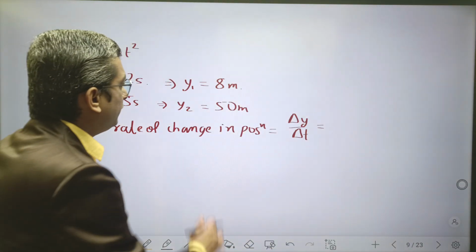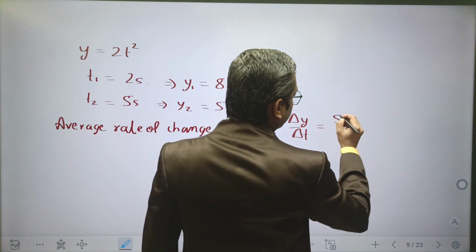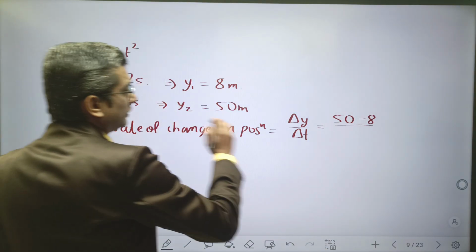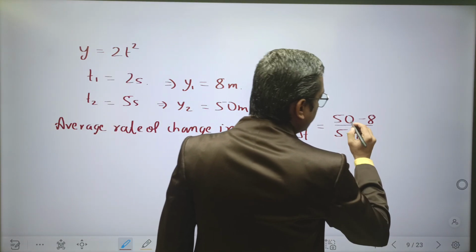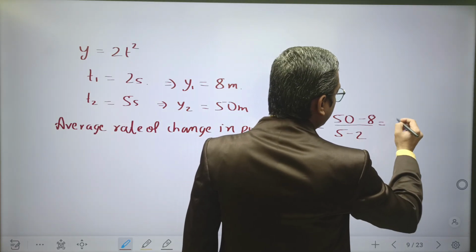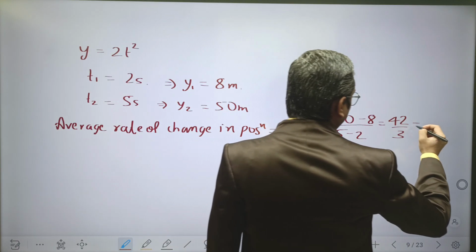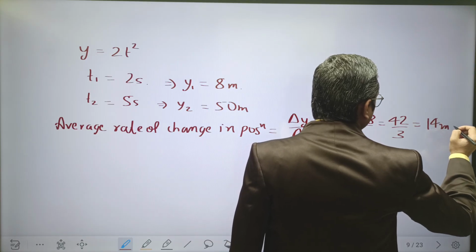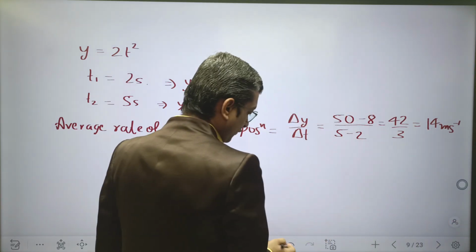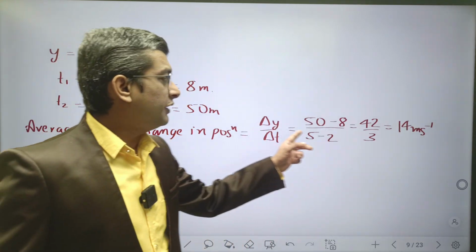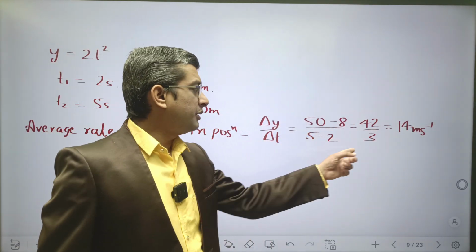So delta y is y2 minus y1, that is 50 minus 8, and delta t is given by t2 minus t1, that is 5 minus 2. 50 minus 8 is given by 42, and this is 3. On further solving, you will get 14 meter per second. Because delta y, change in position, is in meter and delta t, time interval, is in second.